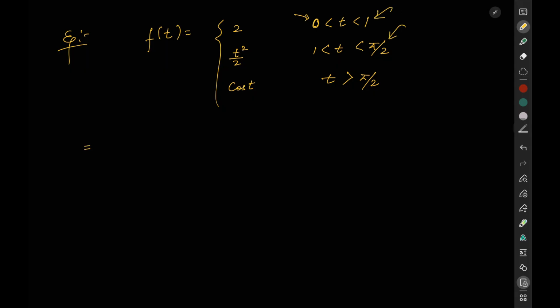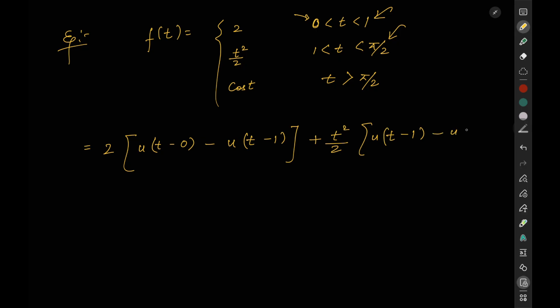So we can represent this in unit step function as 2 times unit step at 0 minus unit step at 1, plus t square by 2 unit step at t equal to 1 minus unit step at t equal to pi by 2, plus cos t unit step at pi by 2.